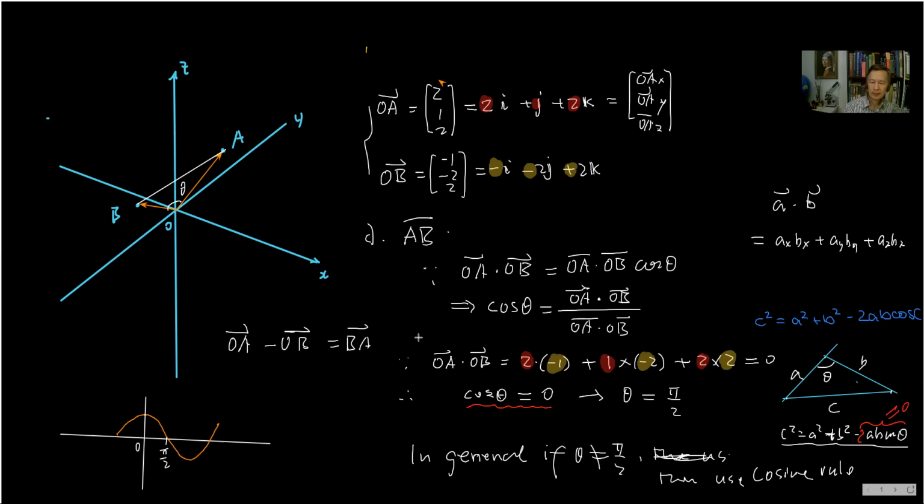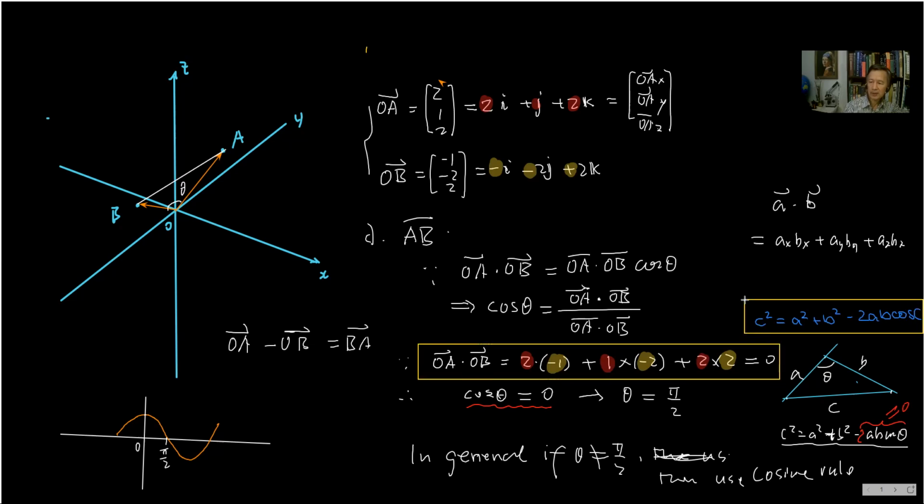This is the first piece of knowledge to get familiar with. Second, you have to invoke the cosine rule. Of course, the special case is Pythagoras. If you just get this part, it is Pythagoras' rule.